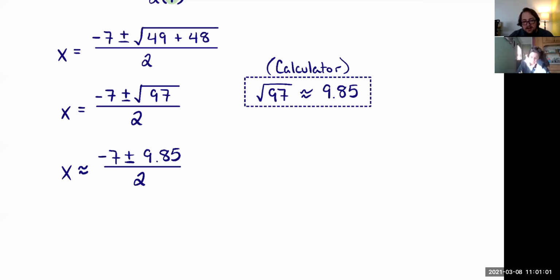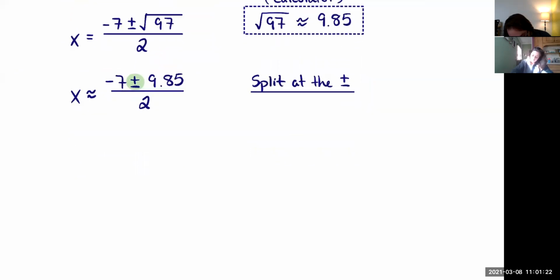Now, once you've done that approximation and you've reached this point, you are now ready to split at the plus or minus. So again, to draw your attention, that's right here. That's the only thing that should be different between our two equations.